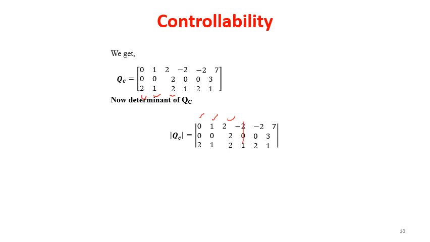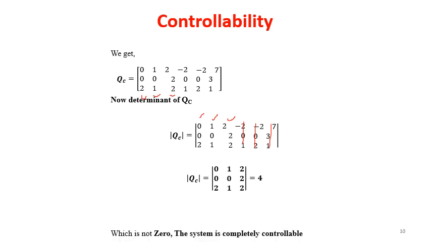So we'll not use this one. When we take the determinant of these values, we get 4, which is not equal to 0. As we found that the determinant of QC, the controllability matrix, is not 0, hence the system is completely controllable.